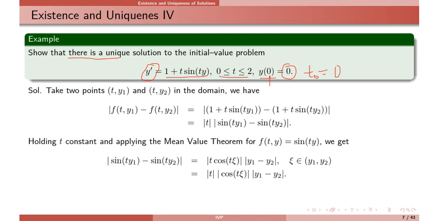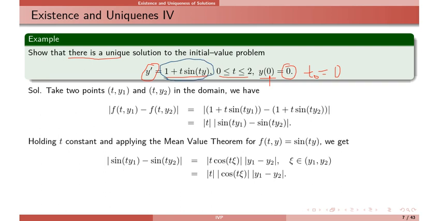So to show a unique solution, we need to check Lipschitz and continuity. And clearly, what is f? This is the right hand side: f(t,y) equals 1 plus t sin(ty).